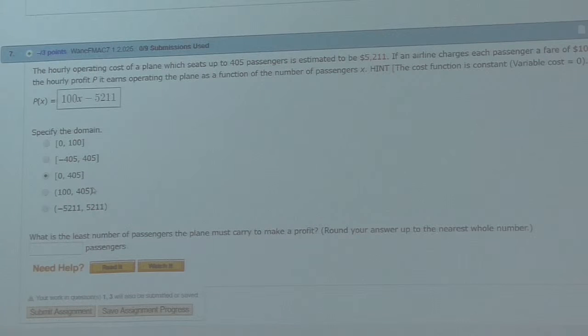However, if we said this was the domain, x would have to be greater than 100 and less than 405. So the rounded brackets mean not including the endpoint of the interval. Any questions about that?